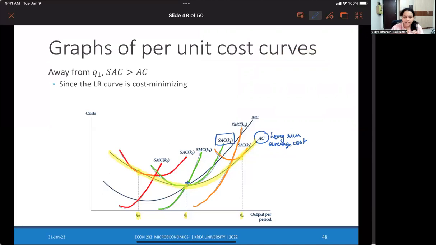What this means is that the long run is made up of a series of short runs, but where we decide to produce in the long run, it naturally makes sense for us to pick this point here. The lowest part of my long-run average cost curve is where I'm the most efficient. So that point is called the minimum efficient scale point. So as a food truck owner, I'll decide to operate in the long run at this level of output.